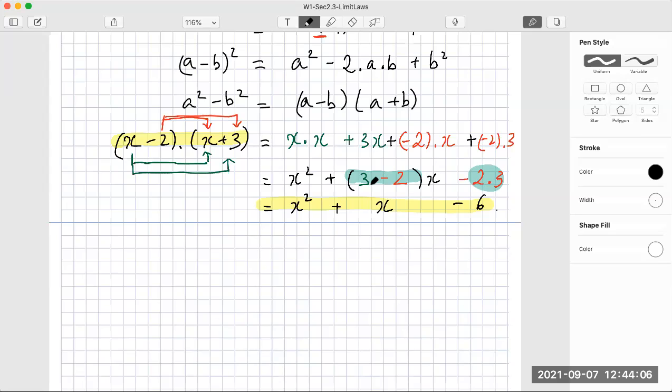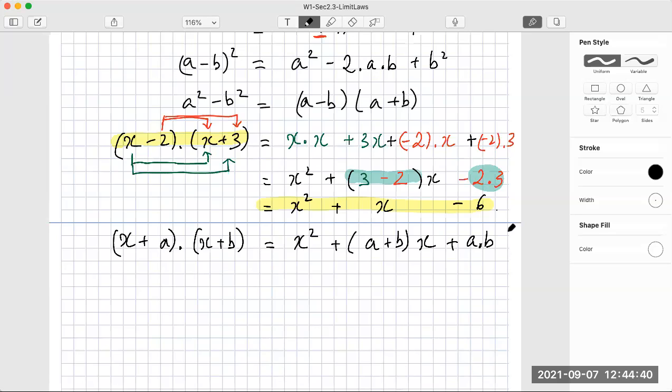Okay. So now, in general, if we multiply (x plus a), where a is any number, abstractly, times (x plus b), and we distribute, what do we have here? We know that it should be x squared plus (a plus b)x, and then plus a times b, right?